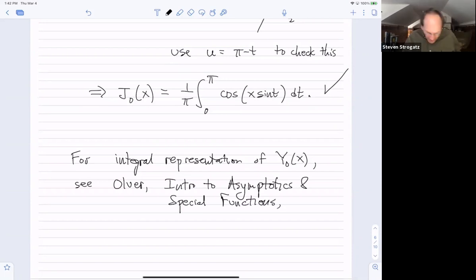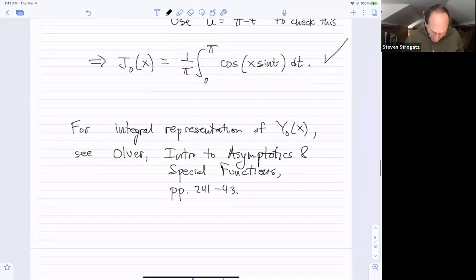So he does this on pages 241 to 243. And it involves a more complicated contour. But anyway, that book is, if you want more rigor, by the way, than what we're doing in this course, I would recommend that book. It's quite rigorous and careful. Very different in spirit from our treatment.